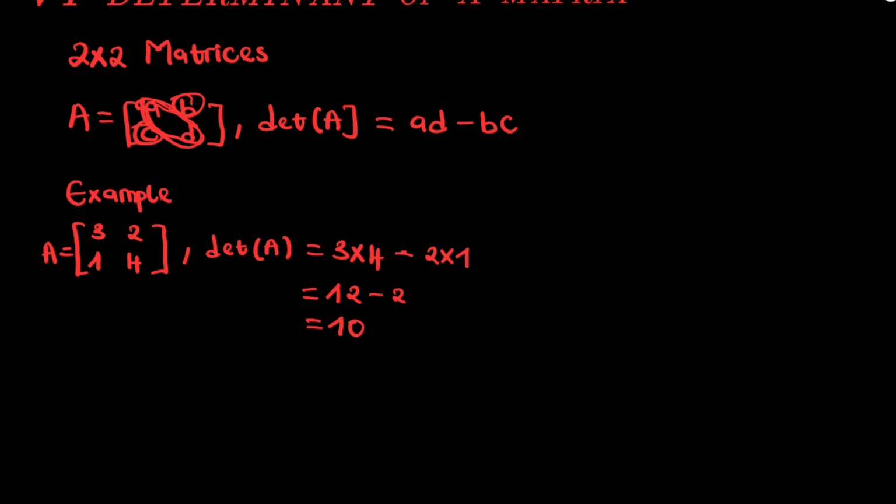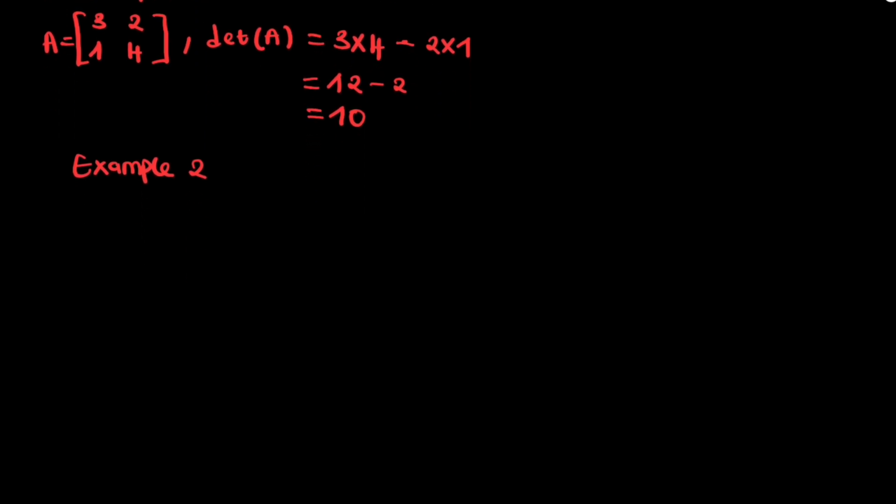As we can see, this is simply cross multiplication, except that we don't have an equal to sign. It is replaced by a minus sign. So this is simple cross multiplication. So let's have another example. Let's have a matrix 1, 2, 2, 4.